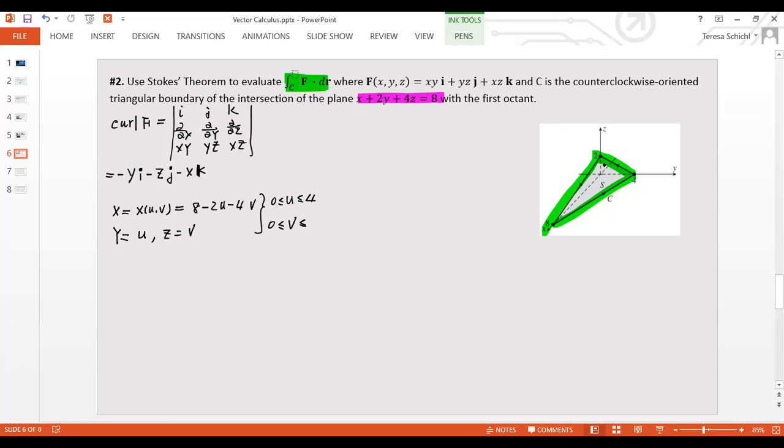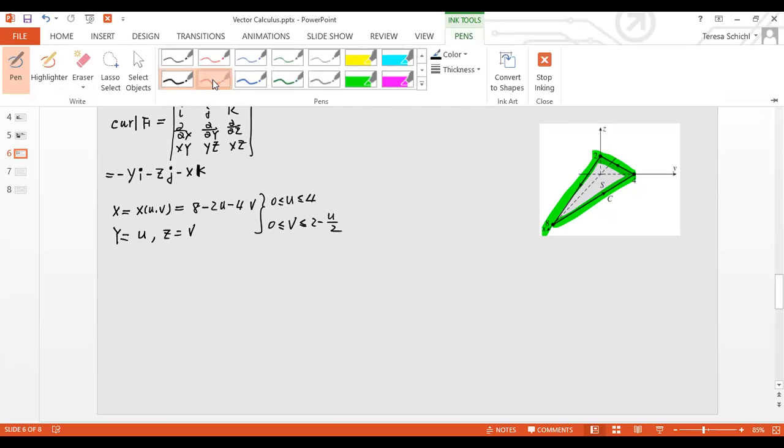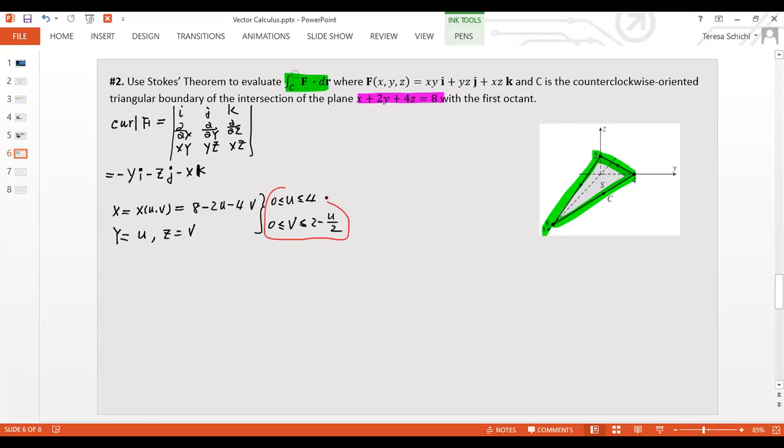You use the yz line, so v equals (2 minus u over 2). Like I said, this is the most important part, the boundaries.